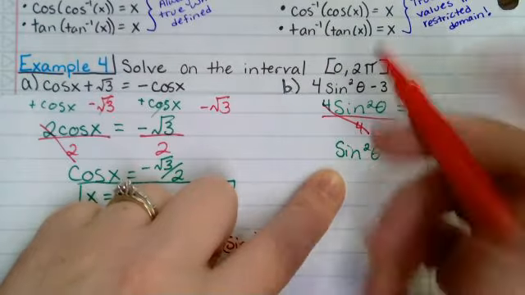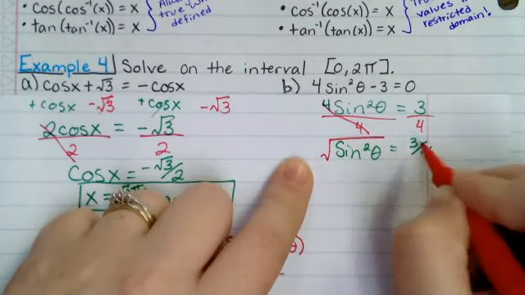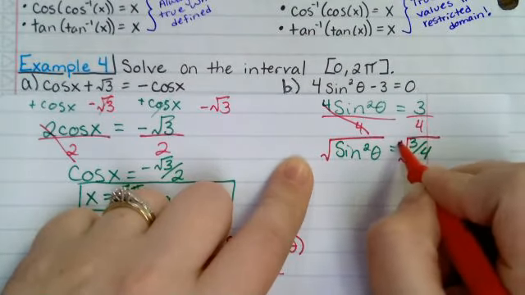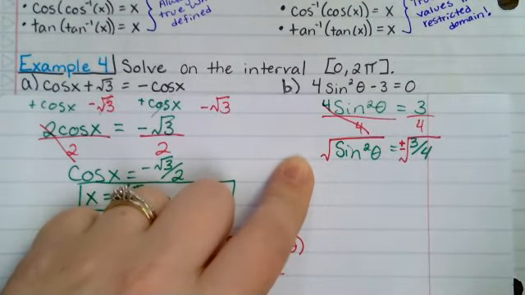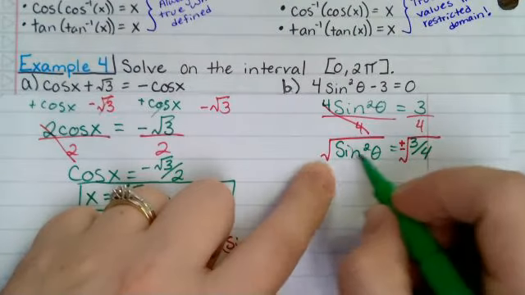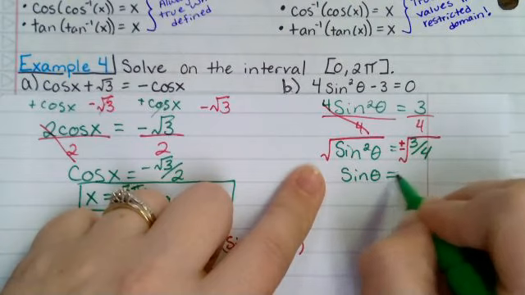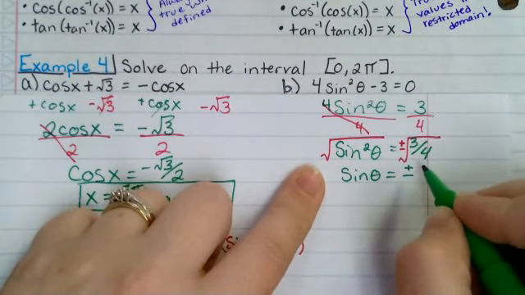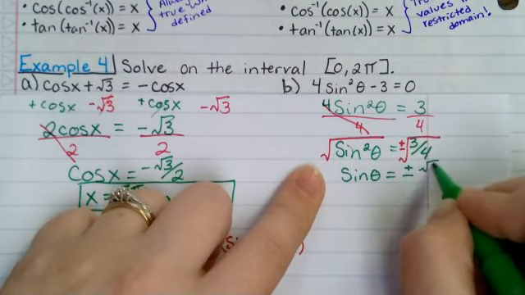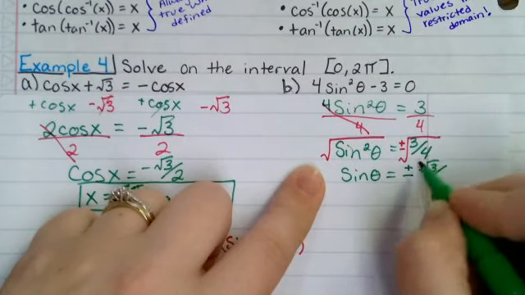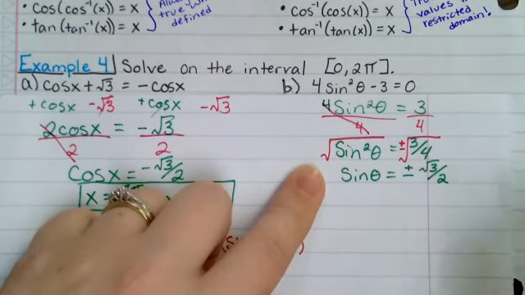I'm doing the exact same thing here. Don't forget your plus or minus, because that could mess you up. When you square root here, you are left with sine of theta equals plus or minus square root of 3 over square root of 4, which is 2.